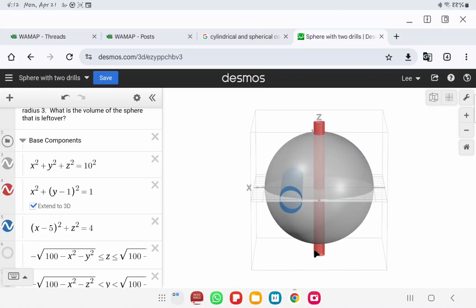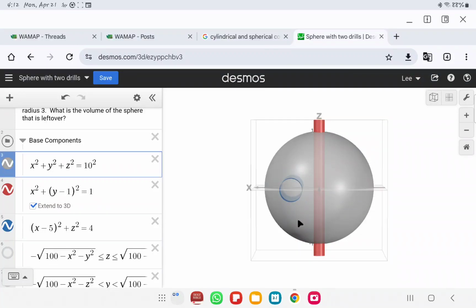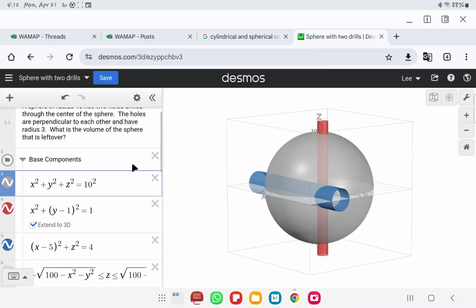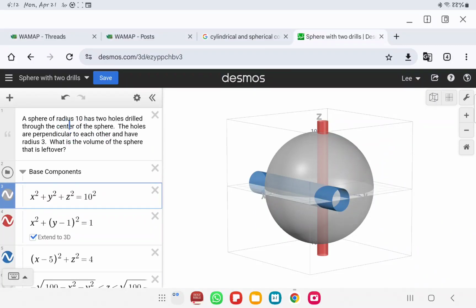So we've got one through the center there vertically, and then we've got another one over here, but it's offset and doesn't even intersect the other one. Or it could be maybe even these cylinders partially intersect and partially not. One doesn't go all the way through the other one, but they kind of meet up a little bit. So there are just a whole lot of scenarios to consider whenever you're doing these. So you would want to be very careful when you're reading the directions to know what kind of setup is happening with those two holes.